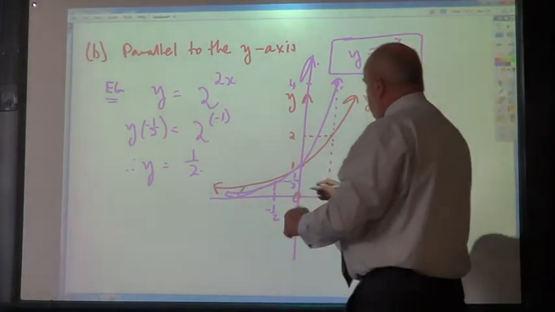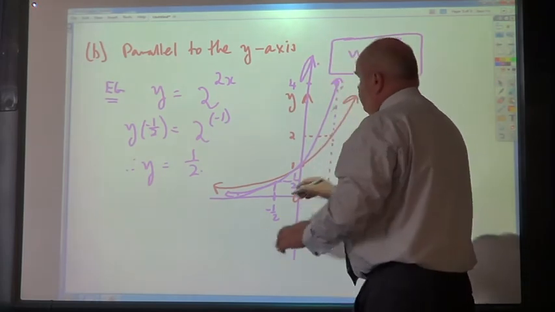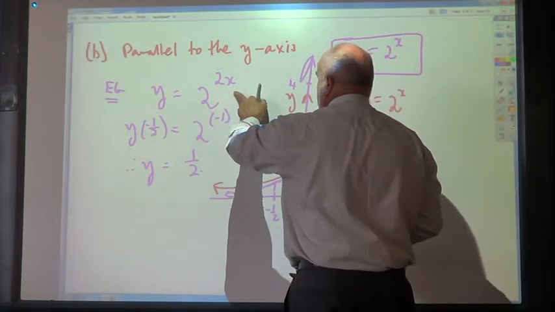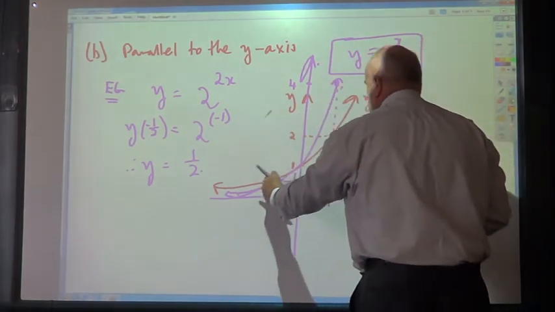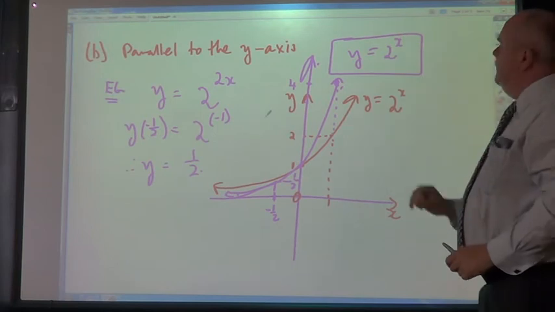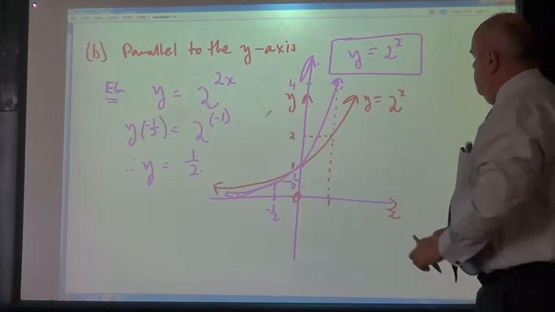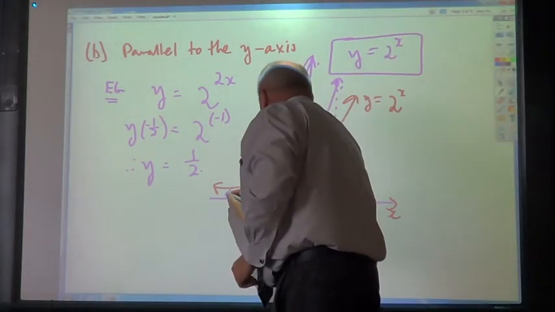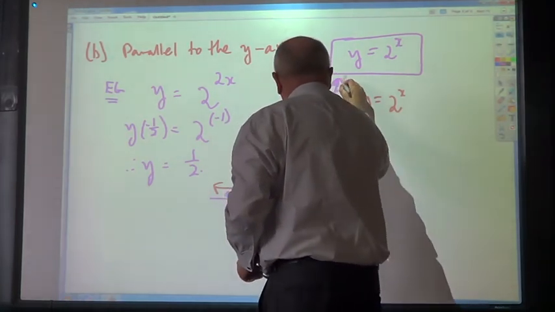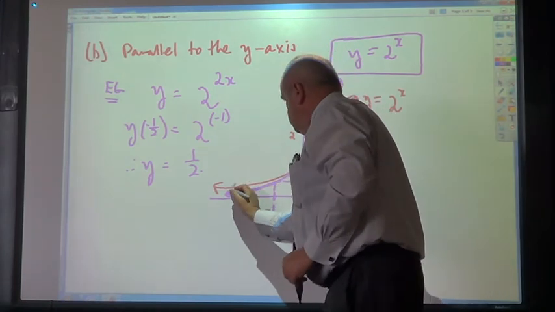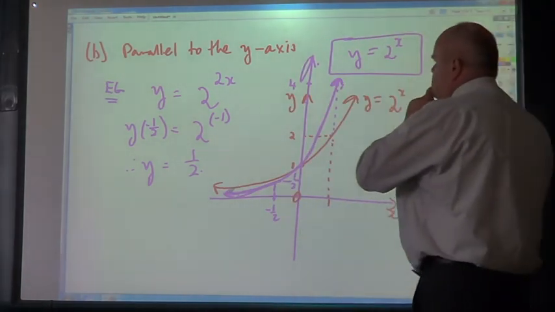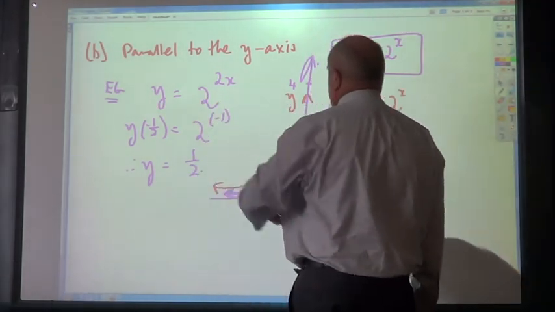Okay? So that dilation is parallel to the y-axis. That's different. When I start messing around with my coefficients up here, you're going to get your curves crossing when compared with the basic standard exponential graph. I'm sorry that that's not particularly clear, but the important thing is our curves are crossing at the y-axis. Alright, so that's y equals 2 to the power of 2x.